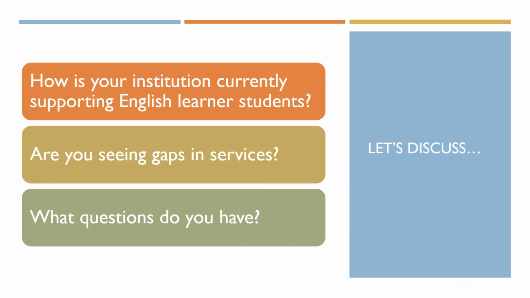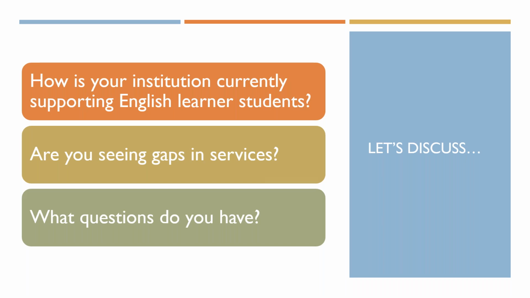Okay, so I want to hear from you guys, and I apparently need to give my voice a break here too for a little bit. So this is the part where I'm going to rely on you to discuss, converse, ask questions. So I have 2 questions that I want to throw out to participants today and see what their input is as to how you feel your institution is currently supporting English learner students, and are you seeing any gaps?